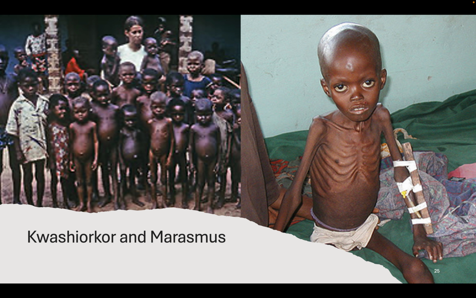They have muscle wasting, they have the big round bellies. On the marasmus, you can see they get this from eating a lot of foods such as just rice or potatoes without any protein. So the second one, marasmus, is eating without getting in a lot of protein, and the other one is kwashiorkor.